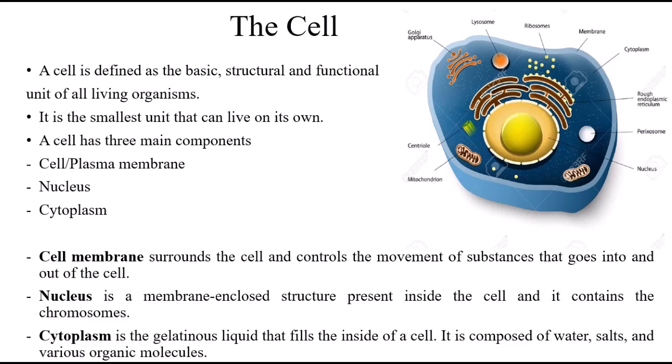Nucleus is a membrane enclosed structure present inside the cell and it contains the chromosomes. Last is cytoplasm. It is the gelatinous liquid that fills the inside of a cell and it is composed of water, salts and various organic molecules.